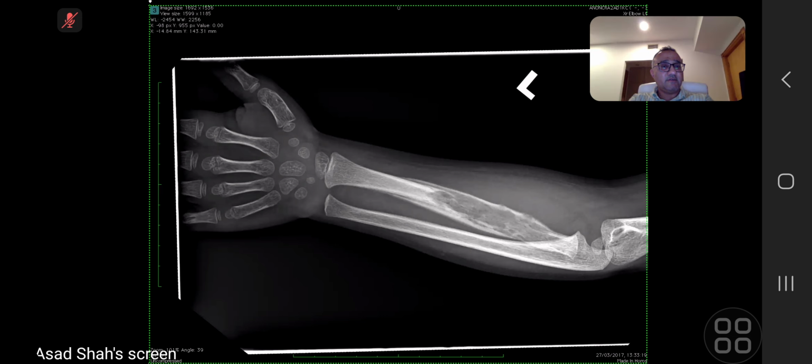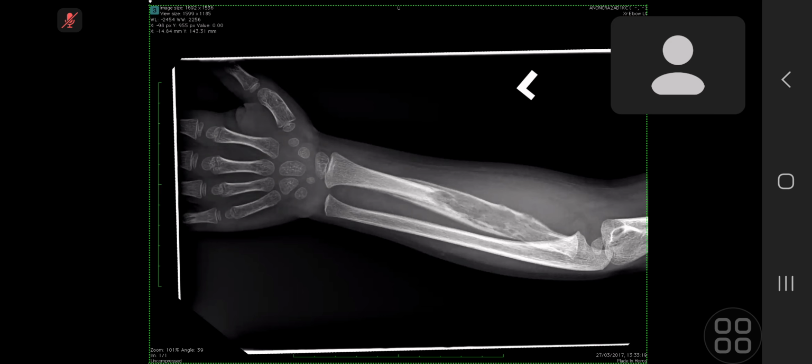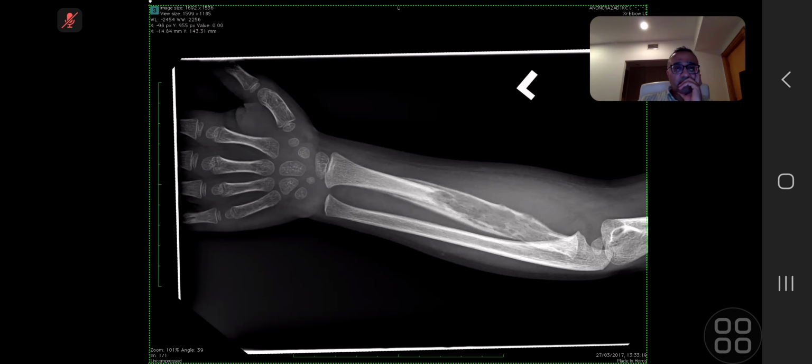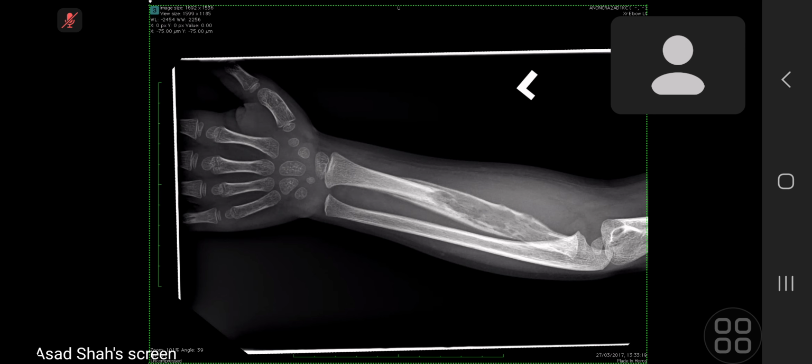Okay, differential diagnosis. The differentials include Ewing sarcoma, and eosinophilic granuloma, but it has a wide zone of transition, so it is less likely. It can be metastasis from neuroblastoma, but again it has a wide zone of transition.